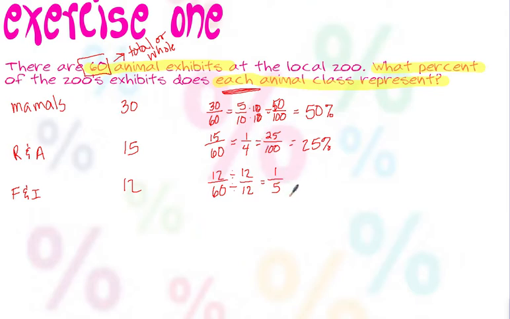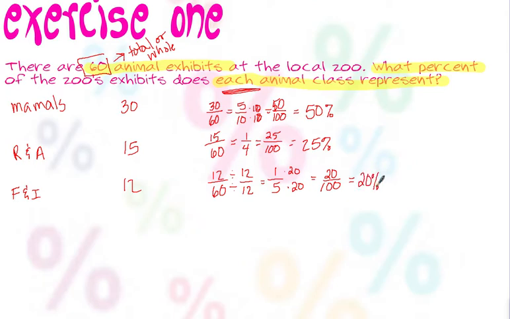And then I know that I can multiply this by 20. And what I do to the bottom, I do to the top to make that 100. So I somehow find a way to turn the whole into 100 so it's easier to turn into a percentage. 1 times 20 is 20. 20 per 100 gives us 20%.